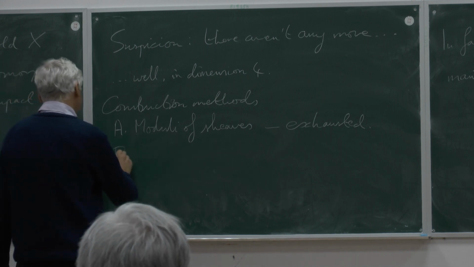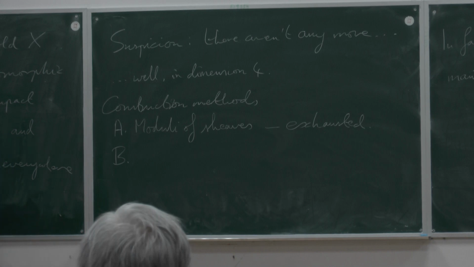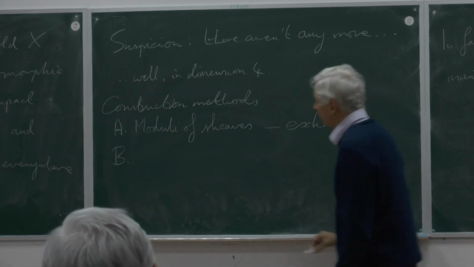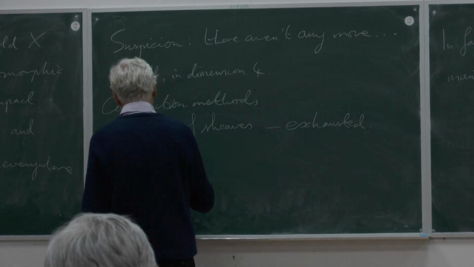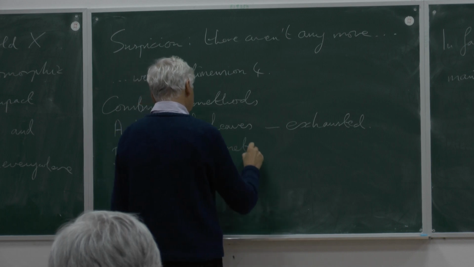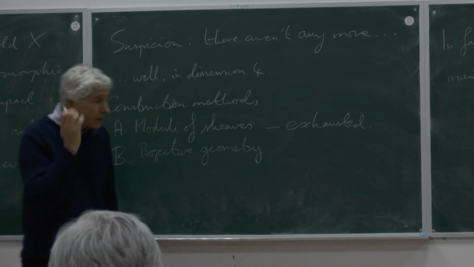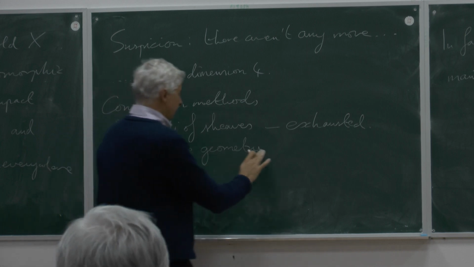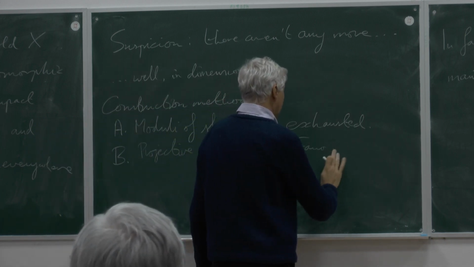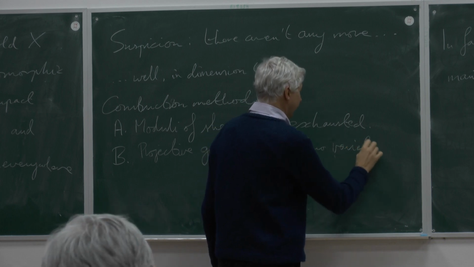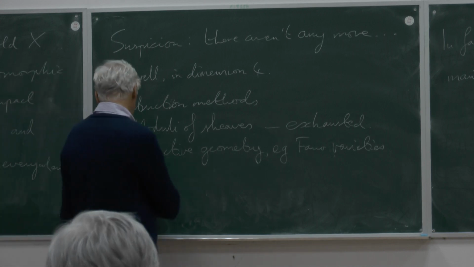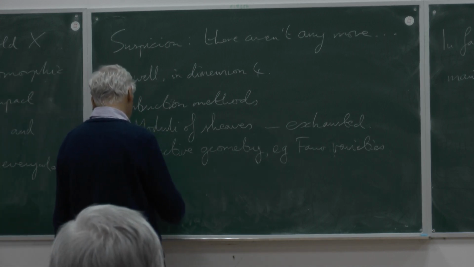The second thing, so obviously people do this very well, never mind, I'll carry on regardless. The second thing is projective geometry constructions. So the cases that one knows are, e.g., Fano varieties, only Fano varieties in the sense of minus K, I mean Fano varieties of parametrized spaces of lines.